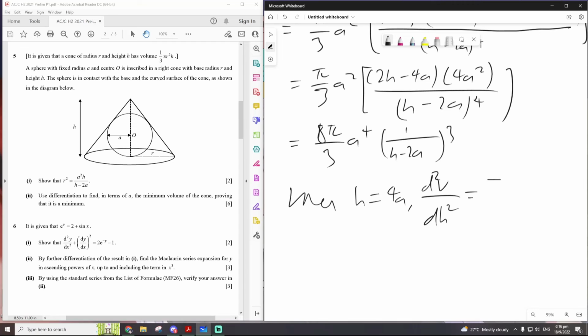So you get pi over 3a itself. Yeah, that should be it. And this is greater than 0, so this implies that this is indeed the minimum value.